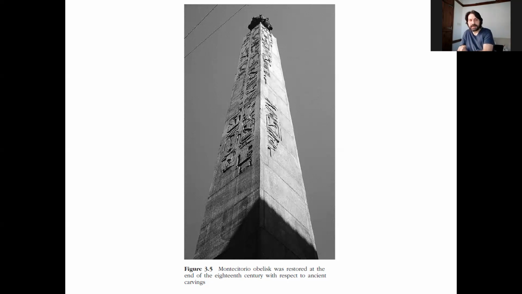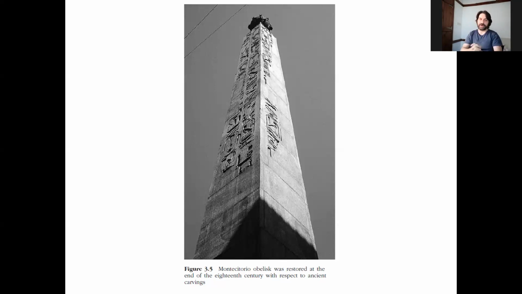As a result, here in the 18th century restoration of an obelisk, you see some hieroglyph writing on it, and some parts are diagonally cut. We have the hieroglyph on the left part, for example, but some of it was deteriorated, some parts were lost, and we don't know how to complete it.